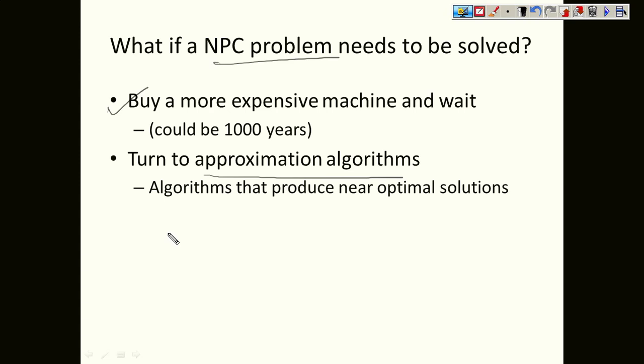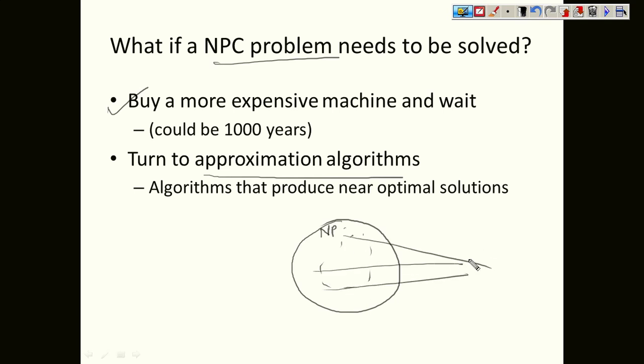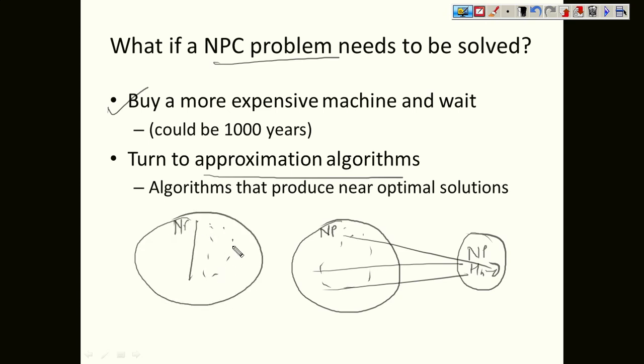Then we have seen that this is a set representing NP, and if we represent all these problems to one set, then this becomes NP hard. And if all these problems can be represented to one problem which is still a part of NP, that is called NPC.